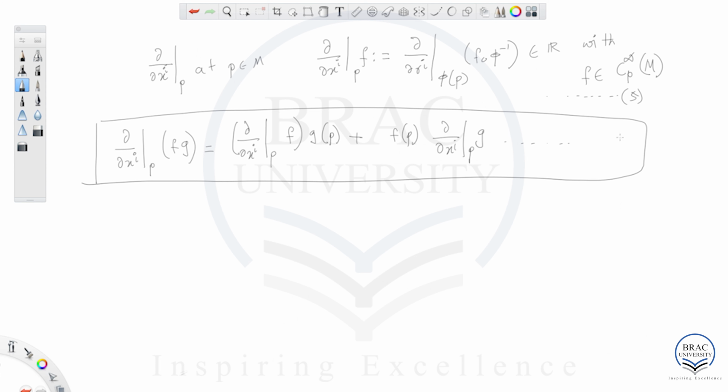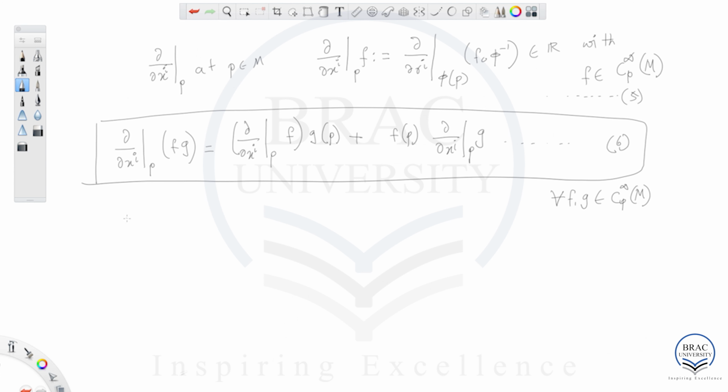This is equation number 6, and this holds for all f and g in this R-algebra. So it needs to be verified.